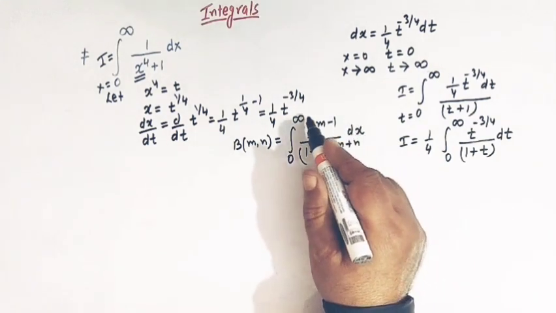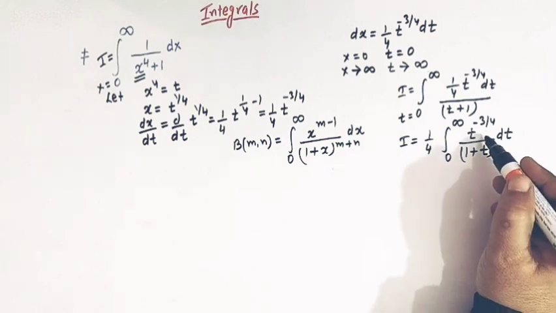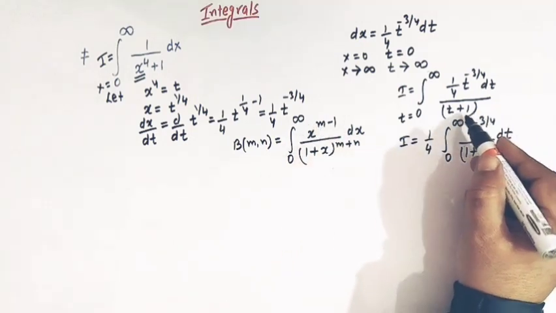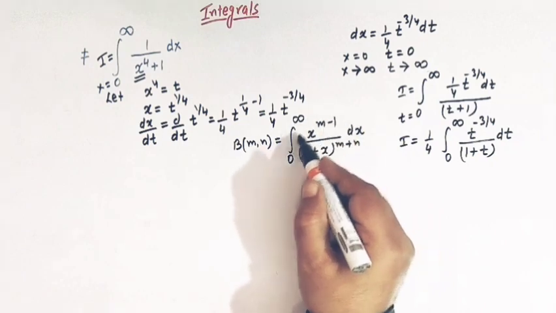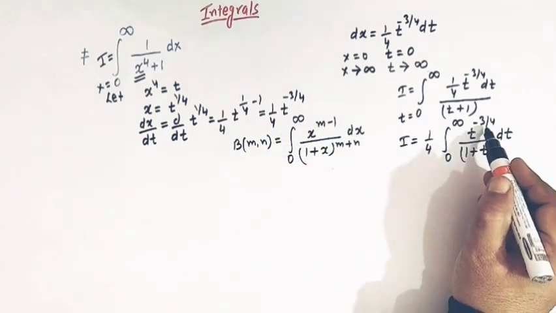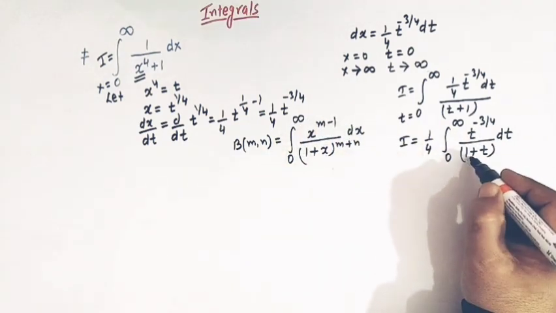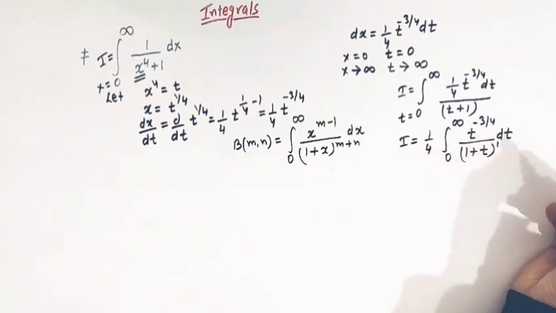So now this integral is similar to this one, and here I will express this integral like this, right? For this, see here we have 1 plus t raised to 1, right?